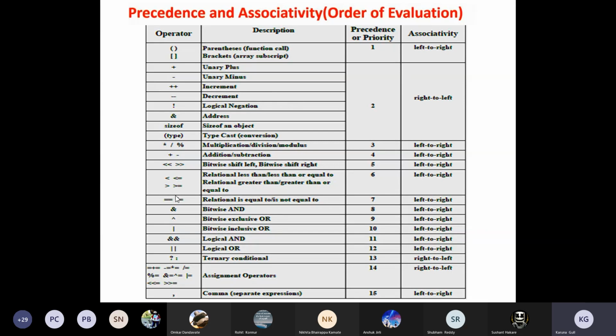Have you studied all these operators? Now look at these operators: every operator has some priority, and depending on the priority, the expression is evaluated.